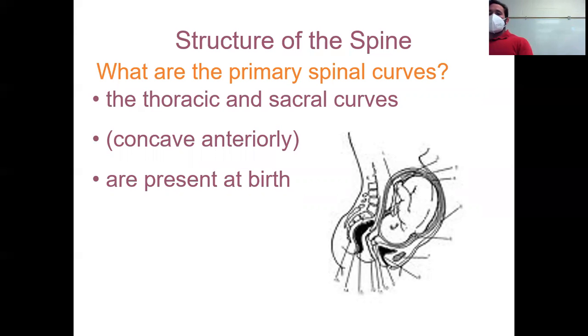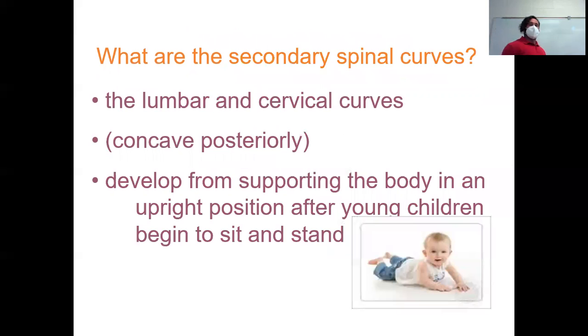It's after birth and the development of our extensors that we're going to get the cervical spine curvature as well as the lumbar curvature, because once again, we're trying to pick our body up.